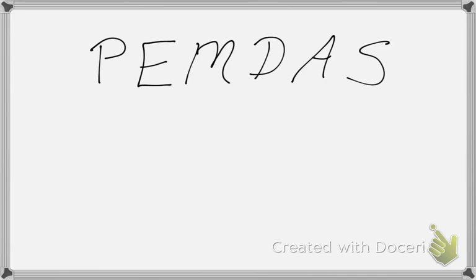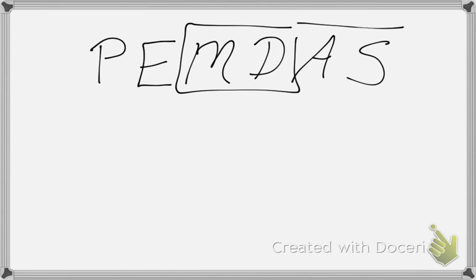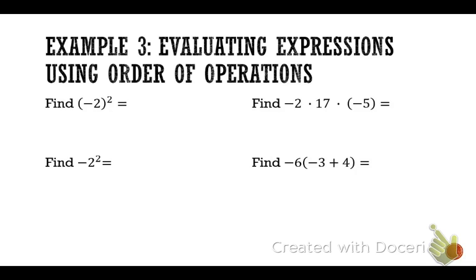What does P stand for? Parentheses. What does E stand for? Exponents. Multiply, divide, add, subtract. And we know that multiply and divide happens left to right together, and so does add and subtract.